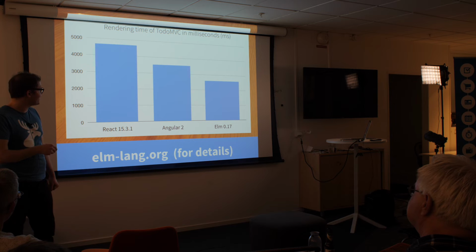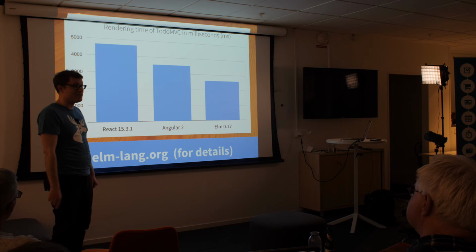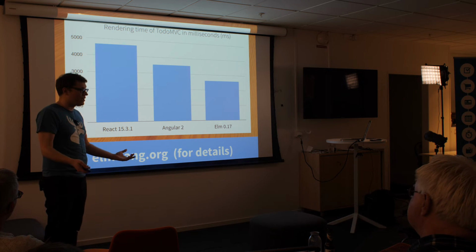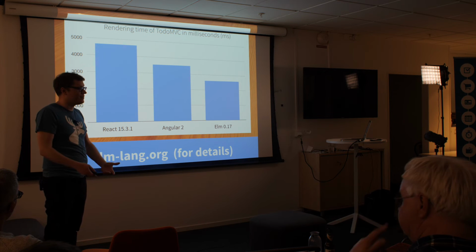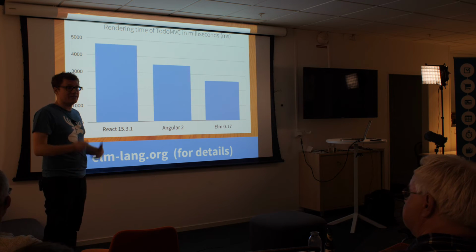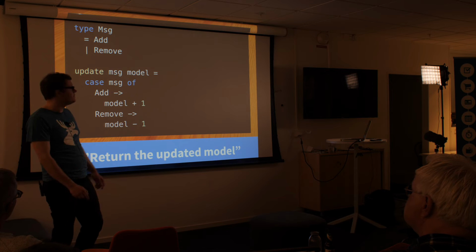You know about React and Angular, and Elm is at least on par with these technologies. It's actually slightly faster. You can check the details on elmlang.org. But the whole thing of rendering your whole layout every time actually is fast and a usable way to build websites.